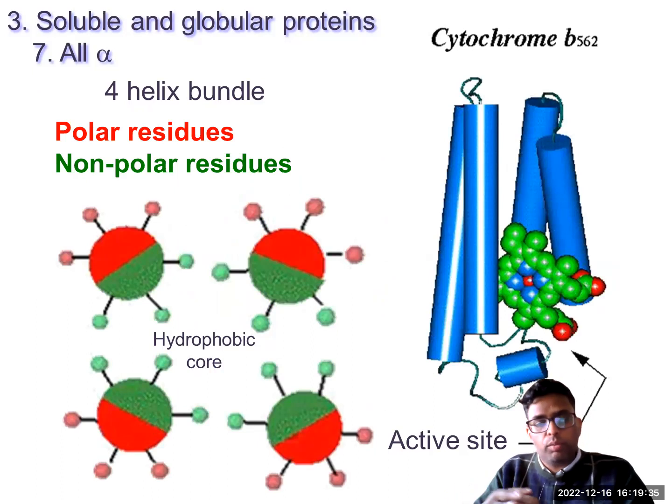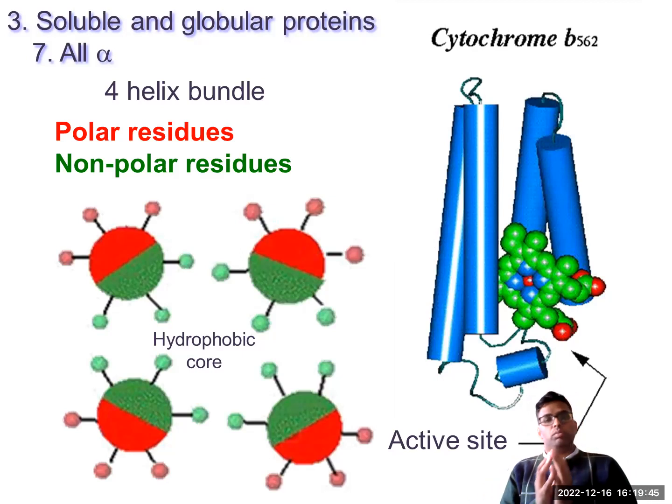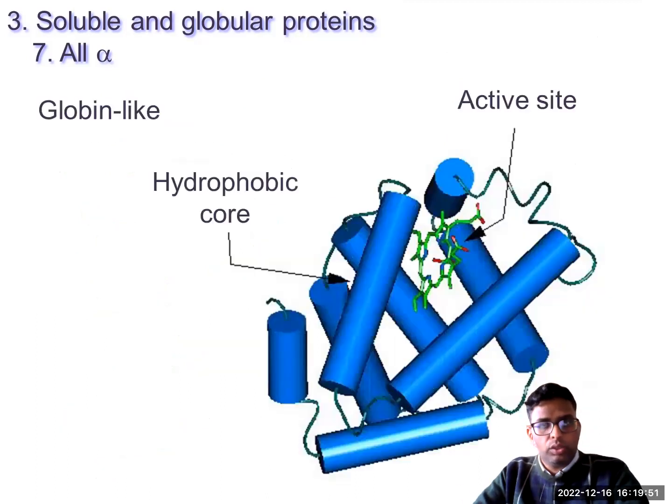Usually hydrophobic cores are buried inside, while hydrophilic residues are on the outer surface, because the protein is in the cytosol, which is hydrophilic. These are just examples of globin proteins. They also have an active site region and a hydrophobic core.